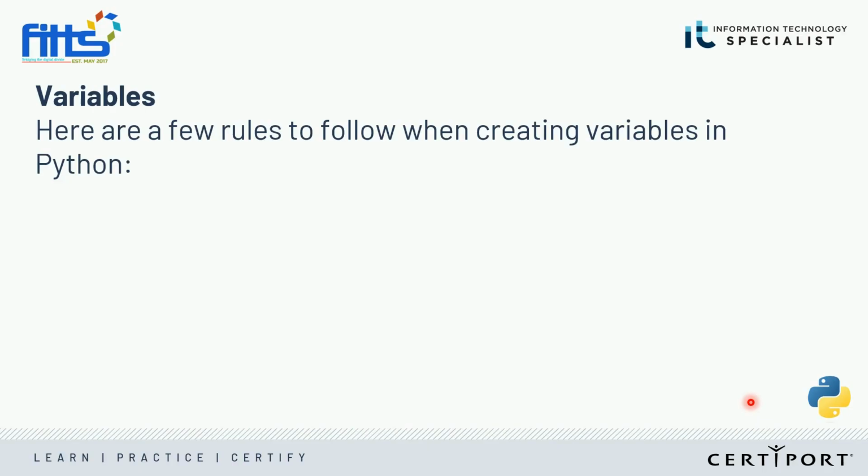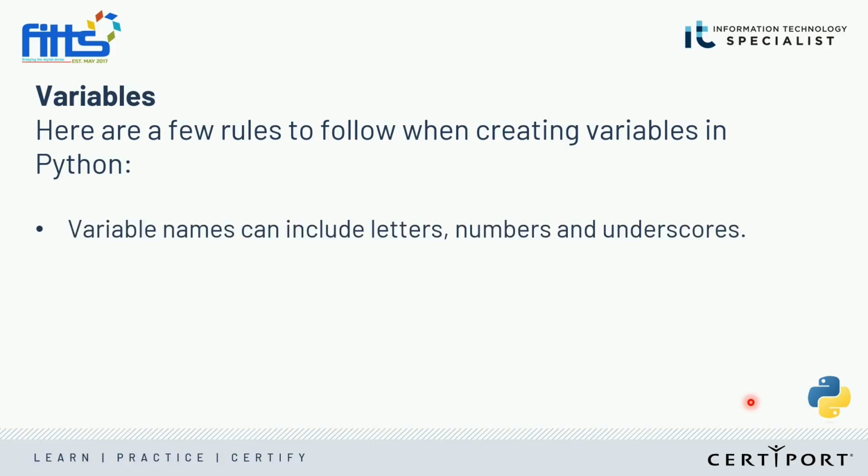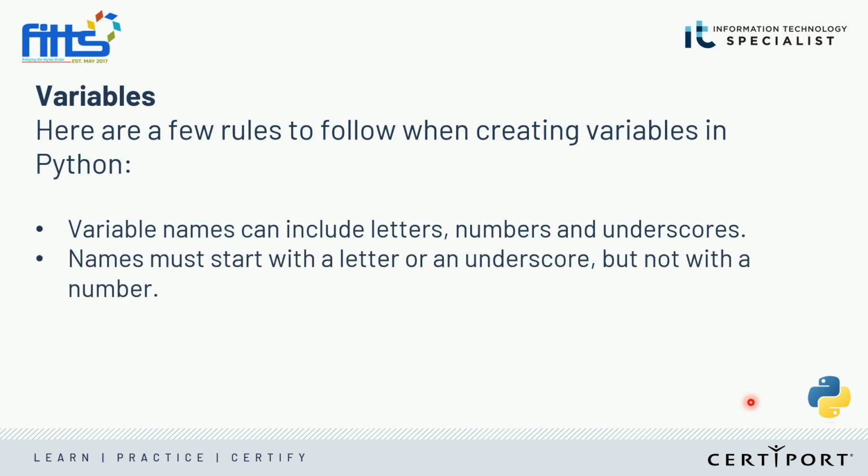So here are a few rules to follow when creating variables in Python. It's a language and you need to adhere to its syntax and its rules. If you don't go by the rules, then you're going to make a lot of mistakes. The first rule here is variable names can include letters, numbers, and underscores. Good.